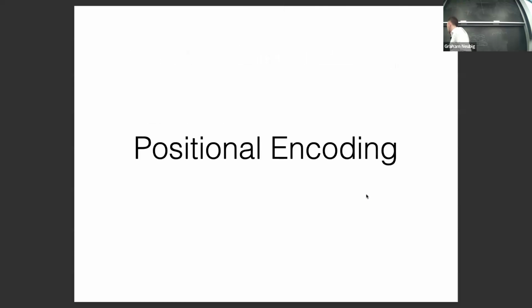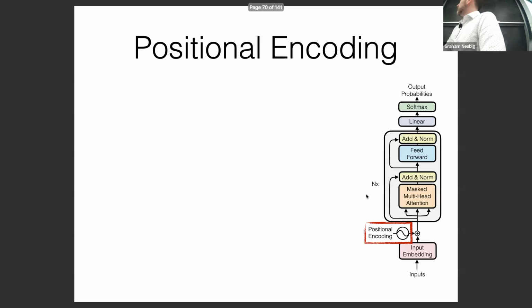Okay, so positional encoding. This is another really core part of the transformer model. The positional encoding goes in here. It's added together with the input embedding.